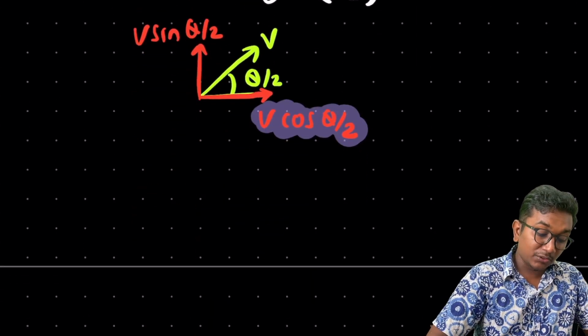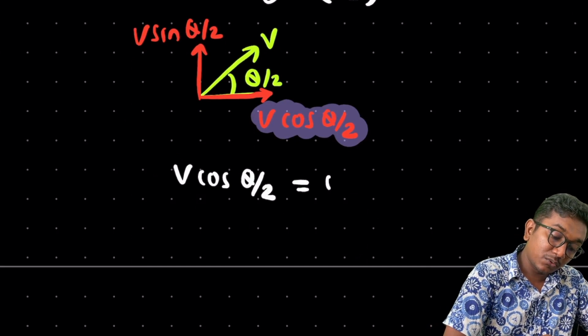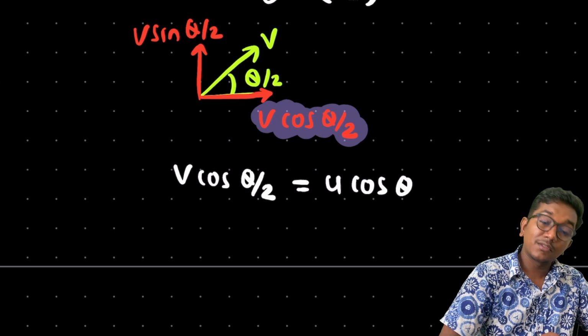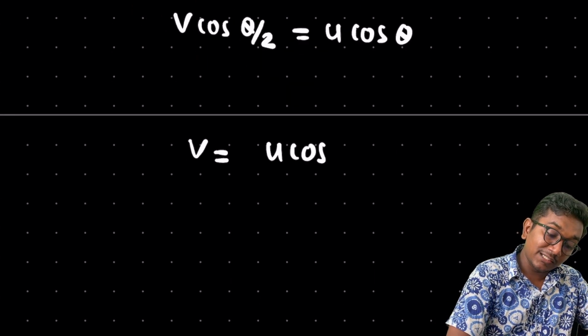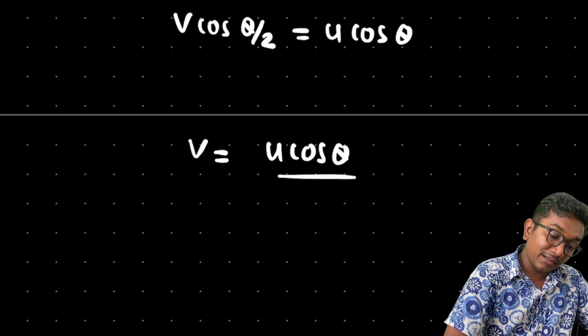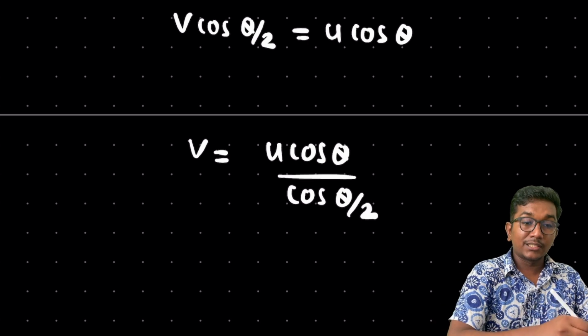So I can substitute that there. v cos theta by 2 is equal to u cos theta. So what is my v? v is equal to u cos theta divided by cos theta by 2. Substitute in the equation.